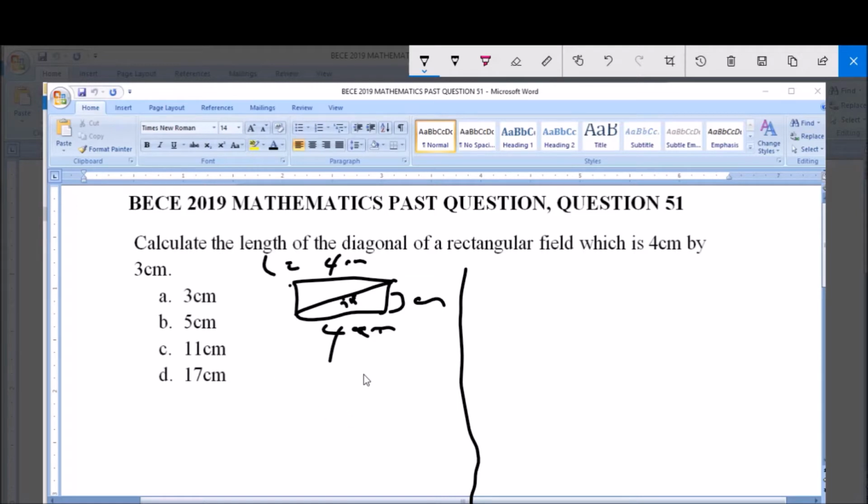So now how do we find the length of the diagonal? This is simple. Now let us pick out this rectangle. If you see, this diagonal has successfully split this rectangle into 2 right-angled triangles, thereby giving us something like this.